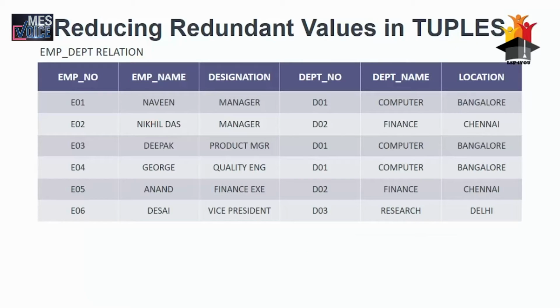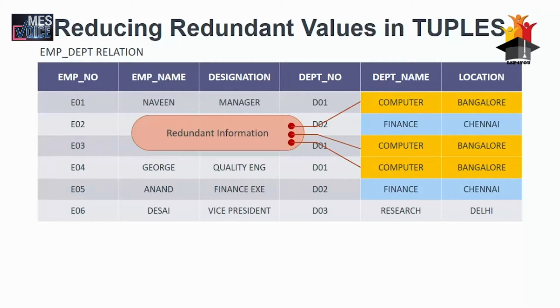In this instance, the relation has 6 employees working in different departments at different locations. Many employees are working in the same department. For example, E01, E03 and E04 are working in the computer department at Bangalore. So for these 3 employees, the name of the department and location is repeated.